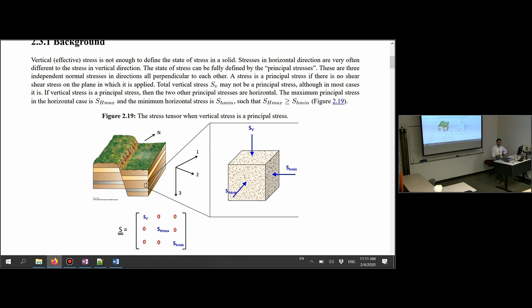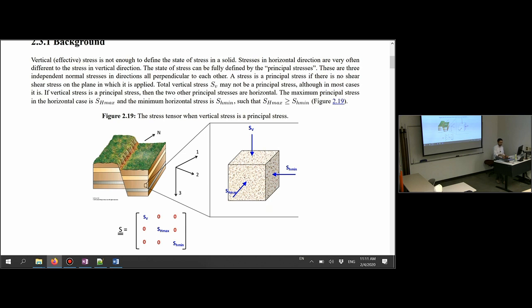And because this is a three-dimensional solid, we're going to have three orthogonal stresses that in general are going to be different in magnitude. And for this simplified case, these are going to be the vertical stress, what we are going to call the horizontal minimum stress, and the horizontal maximum stress.